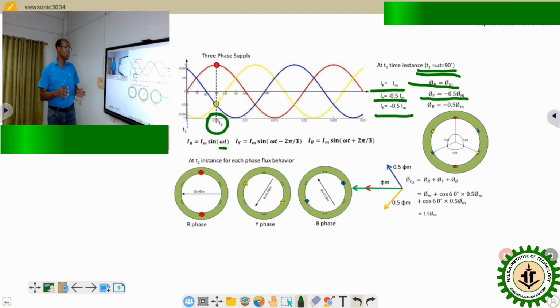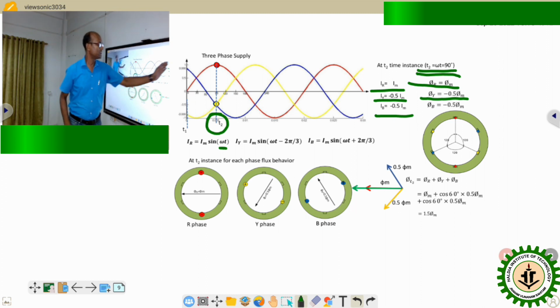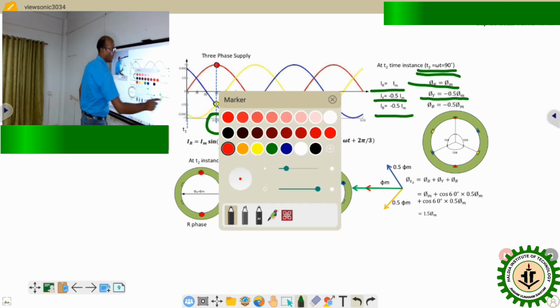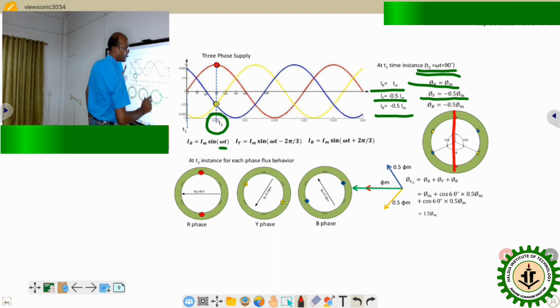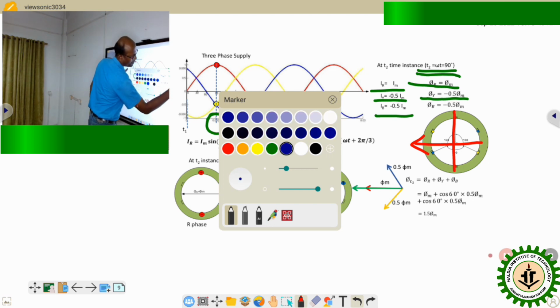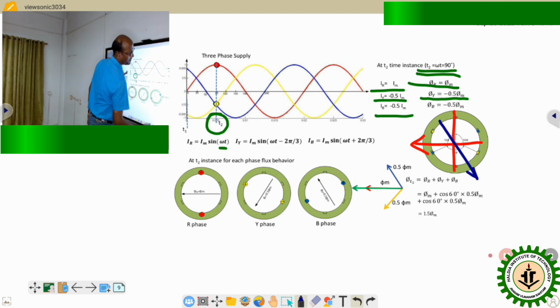Now again, like the previous case, this is the stator winding distribution, and because of that winding, the R phase is present along that axis, so its contribution will be towards that direction. The contribution of B phase will be towards that direction.